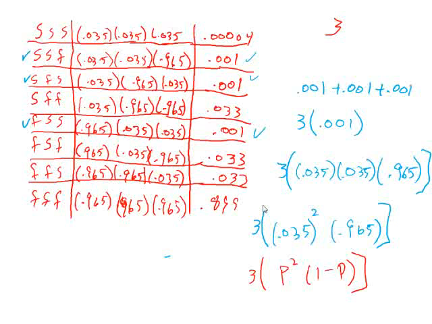Now, from that pool of 3, does order matter on which two survived? No. So this 3 here comes from the fact that I don't care which order they come in. Here are the orders right here, itemized for you, and you can see that there are 3 of them.